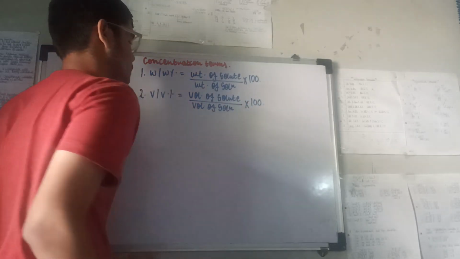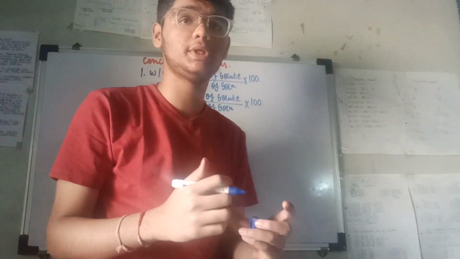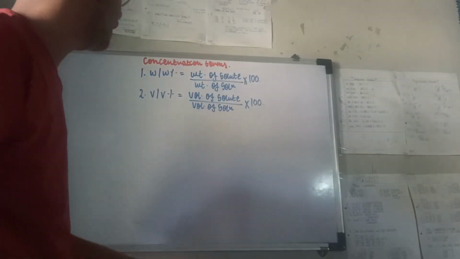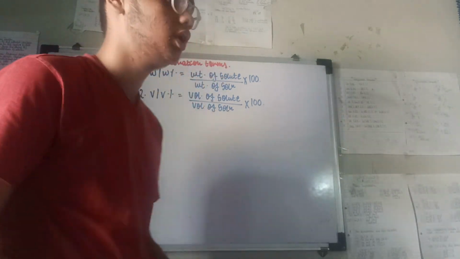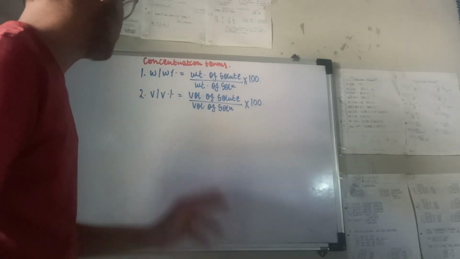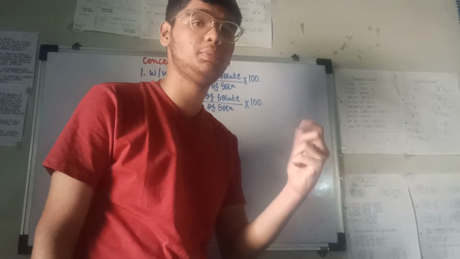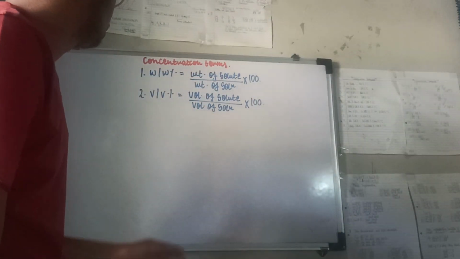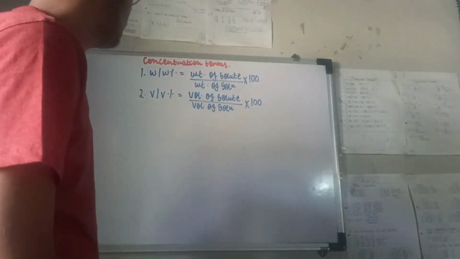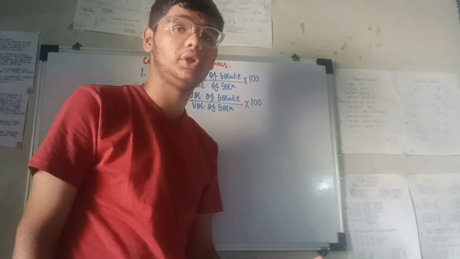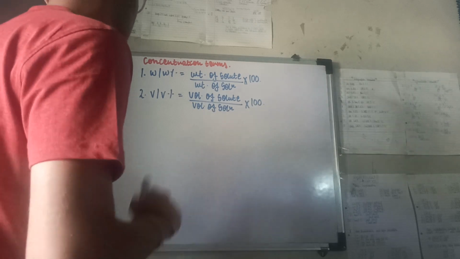Like in syrups, V by V percent is given. Suppose an example: V by V percentage of NaCl is 10%. So 10 ml of NaCl is dissolved in 100 ml of water. Like that we can discuss.